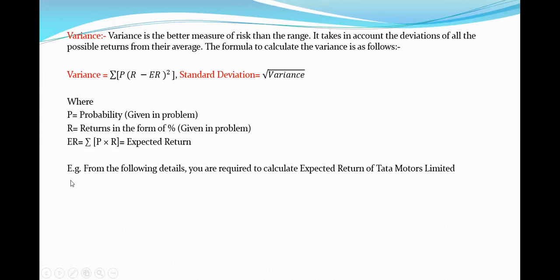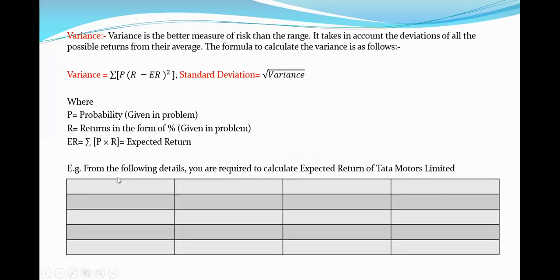From the following details, you are required to calculate the expected return of Tata Motors. In the economy, there can be boom, there can be a normal situation, it can be a recession.